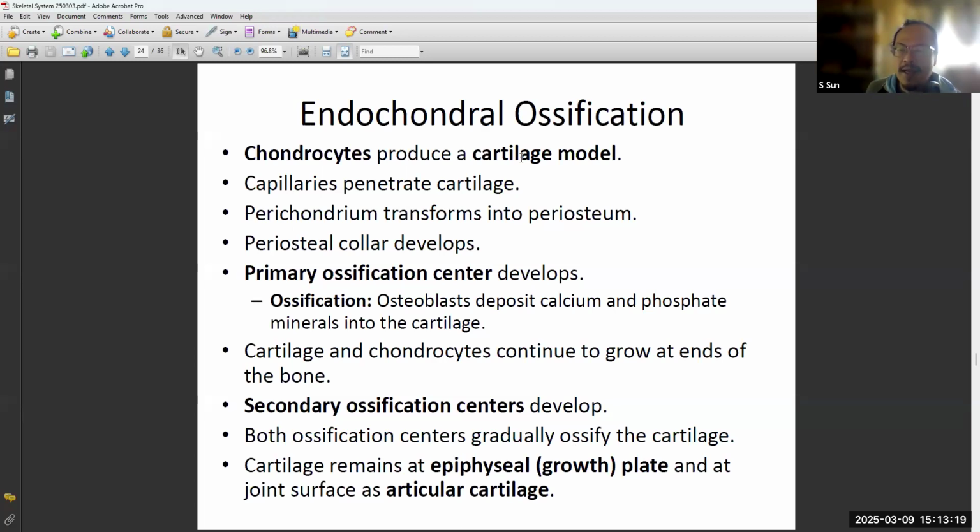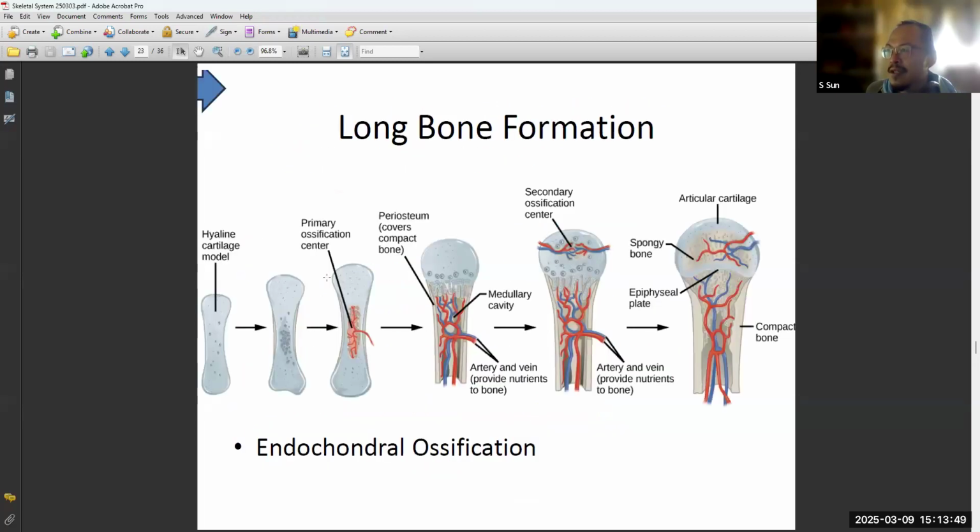And then you have the primary ossification center. That is because blood vessels come in and bring in the osteoblasts. So capillary blood vessels come in, and the perichondrium, the peripheral of the chondrium, becomes the periosteum, and the periosteal collar develops. So the periosteal collar is right here.